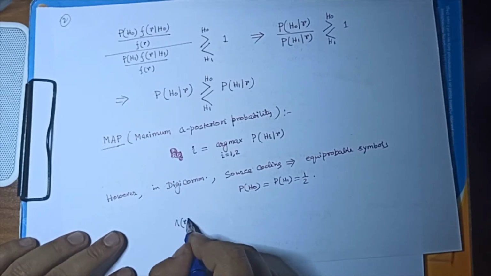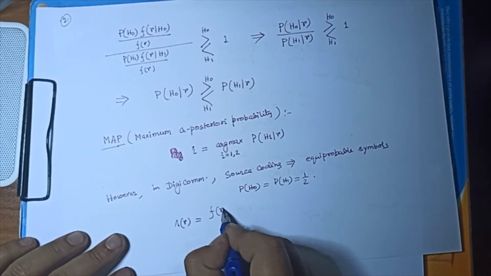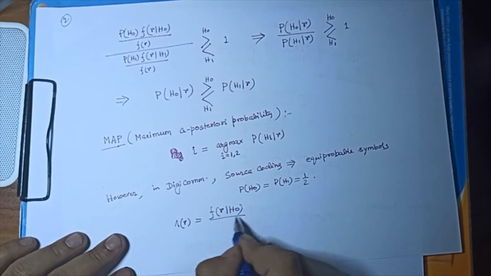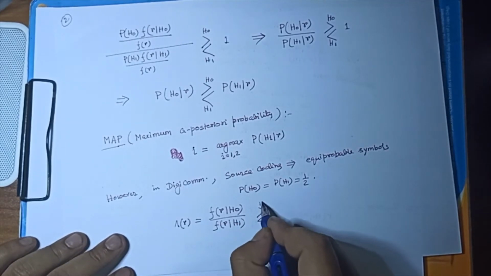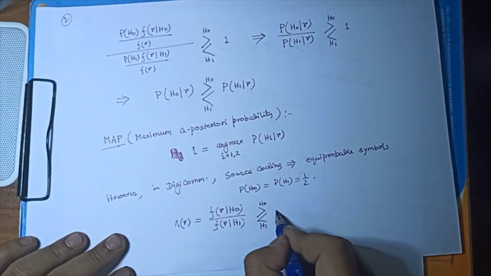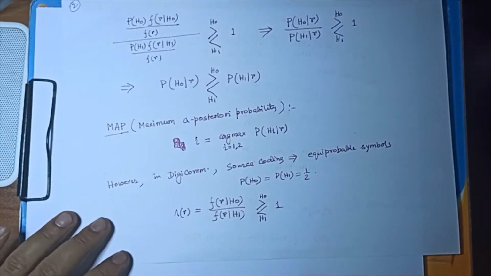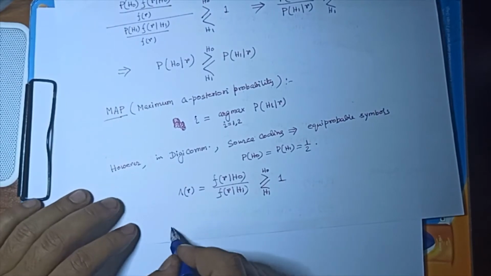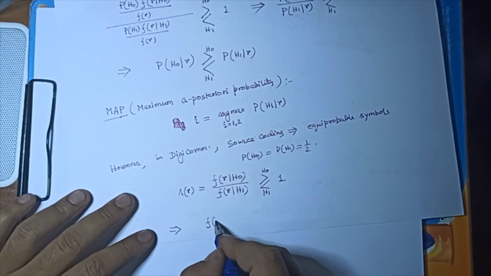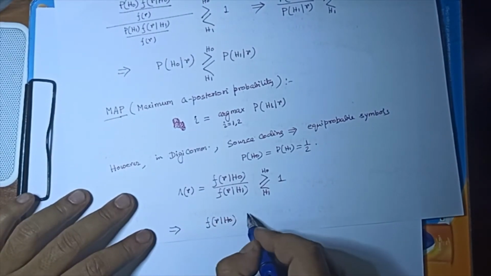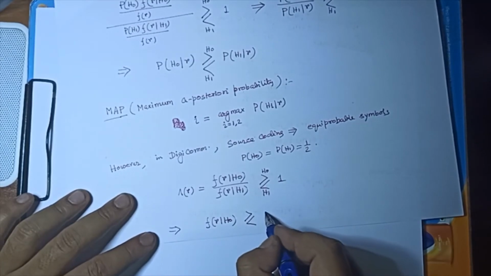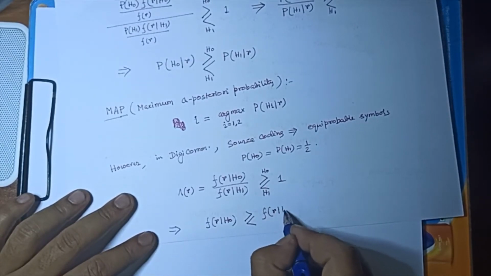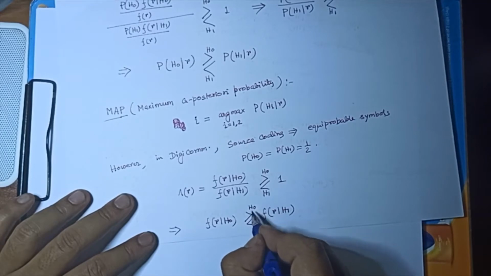So your likelihood ratio, which is basically f of r given H0 and f of r given H1, and you are choosing based on that. This is your decision rule. So this decision rule, which I can write as f of r given H0 greater than or less than f of r given H1, this is H0 and this is H1.